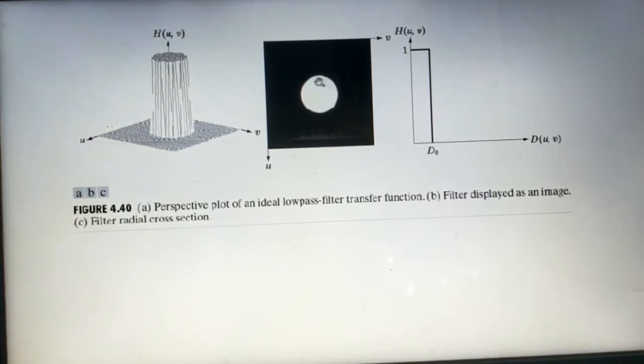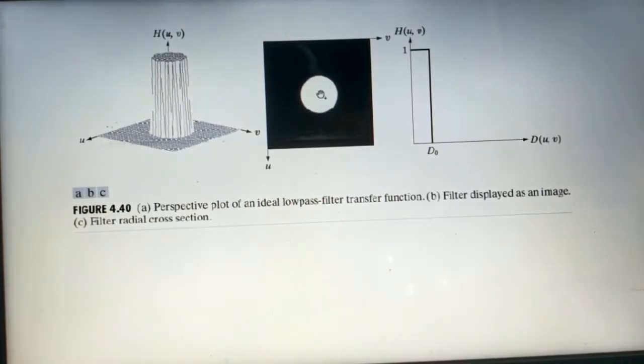So you can think that the radius from this origin gives you a measure of how much higher the frequency is at a particular point on this frequency domain plot. This is the image plot of the frequency response capital H of u v.